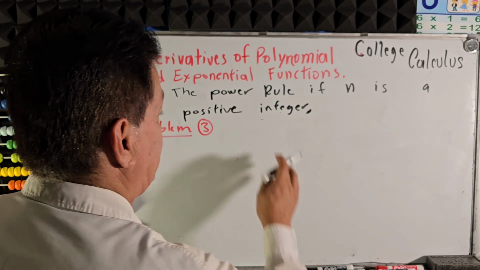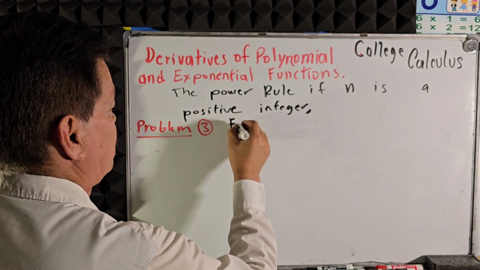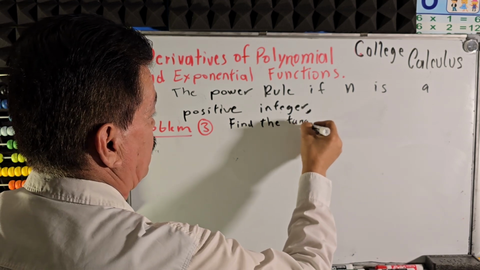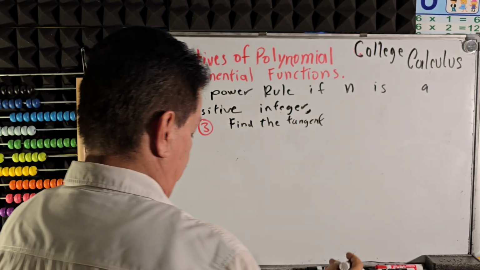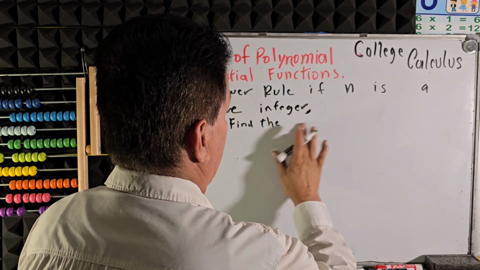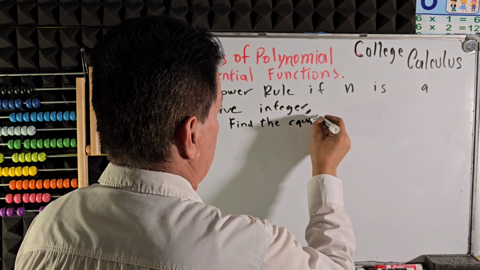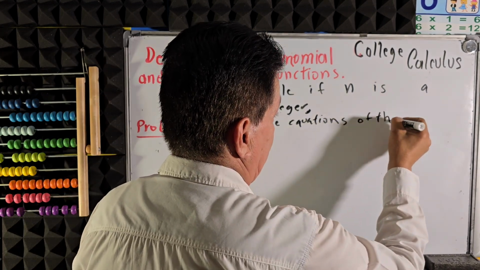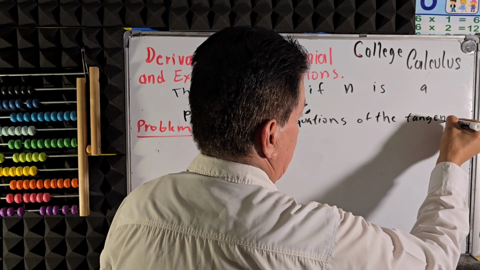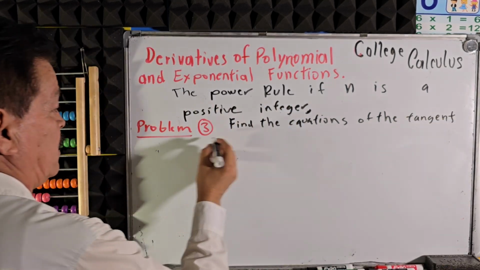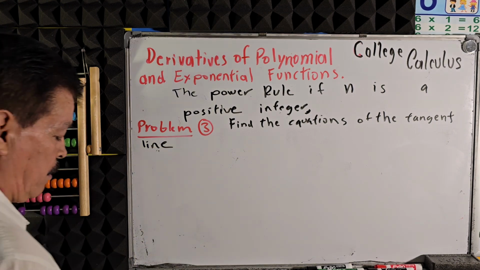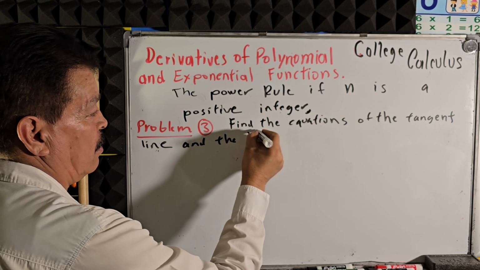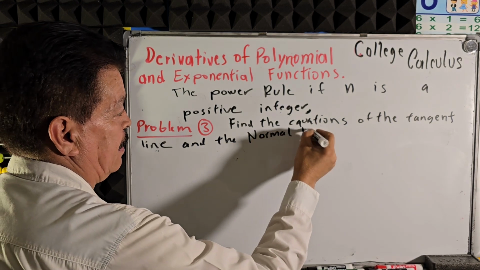In this problem, we have to find the tangent. Look at this. Find the equation. You have to find the equation of the tangent line and the normal line.